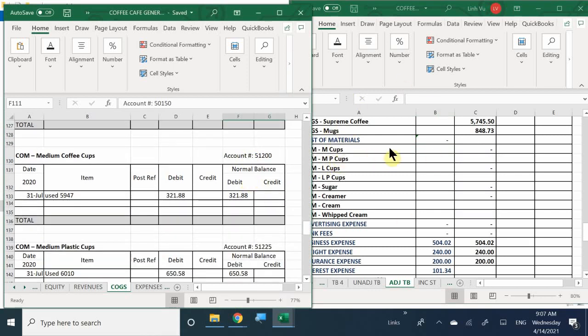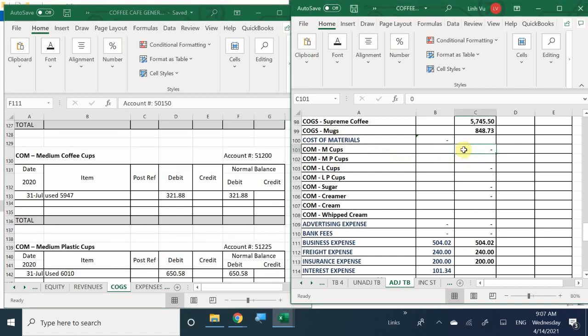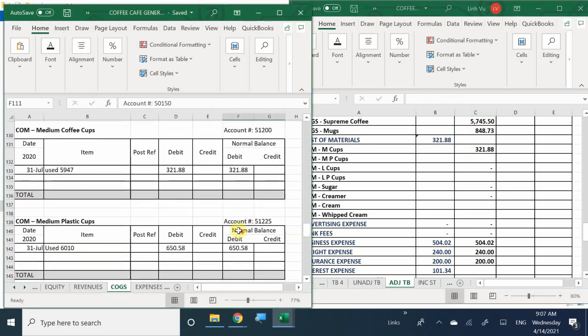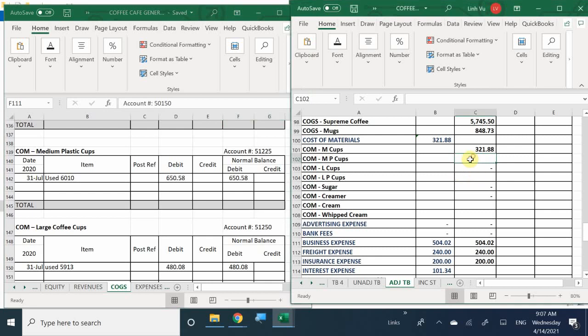I'm sorry, for my medium regular cups. $321.88. Okay. What about my medium plastic cups?